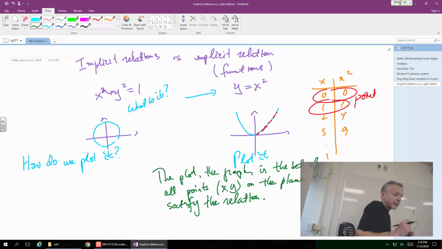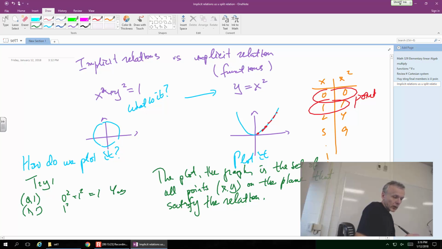On the left, you might fail. So for example, I will just try 0, 1. 0 squared plus 1 squared is equal to 1. Yes. And then 1, 1: 1 squared plus 1 squared is not equal to 1. So no. And then you keep going until you have enough points.